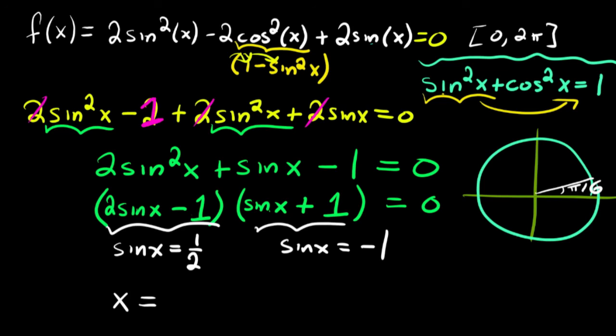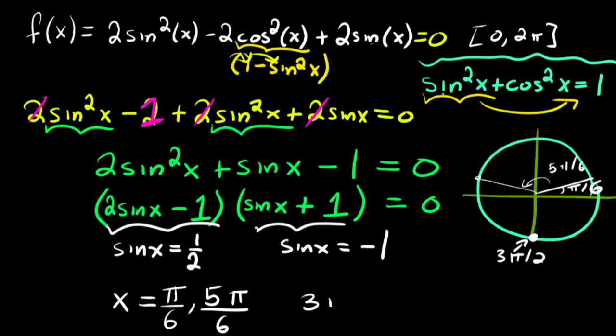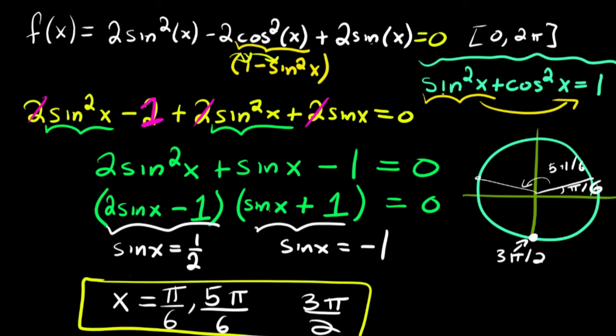And then positive 1/2, so that's going to be at pi over 6. And then it's going to be over here in the second quadrant, because that's where sine is positive, so that's going to be 5 pi over 6. And then from this one, sine is equal to negative 1 down here at 3 pi over 2. That one's easy. So 3 pi over 2. So this one has 3 solutions, 3 zeros. And that's it.